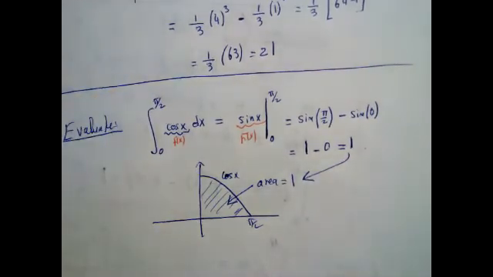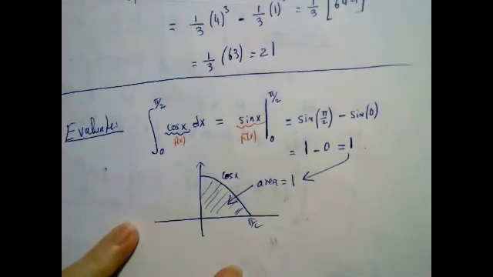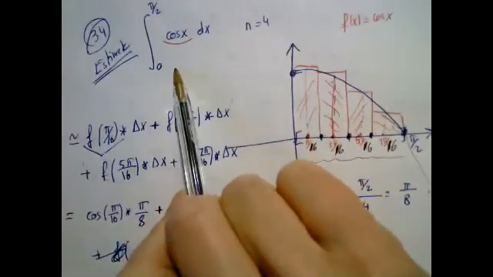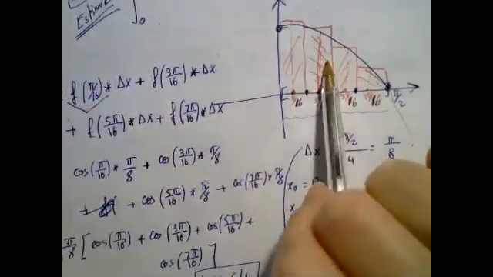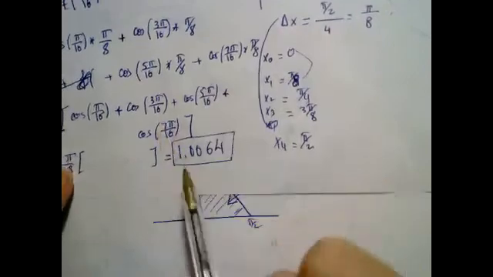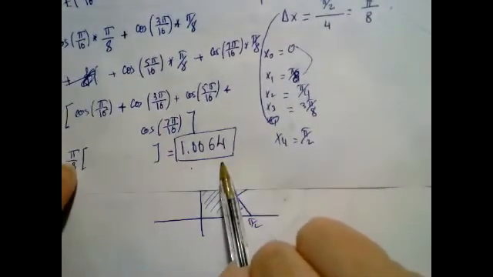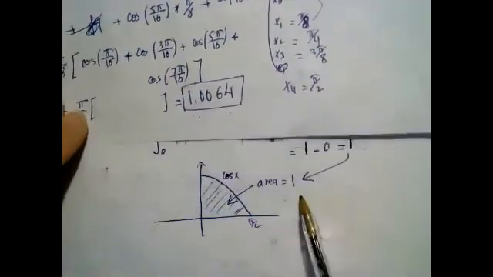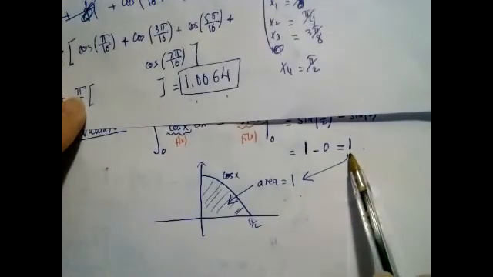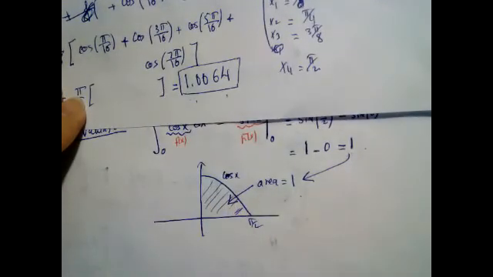That's the actual area. But what's interesting is the following. When we estimated using the midpoint sum with 4 subdivisions, look how close we got. Very, very close to the actual area of 1. So that's the actual value. This is the value when we take a lot of subdivisions. And we ask ourselves, what are we getting close to?